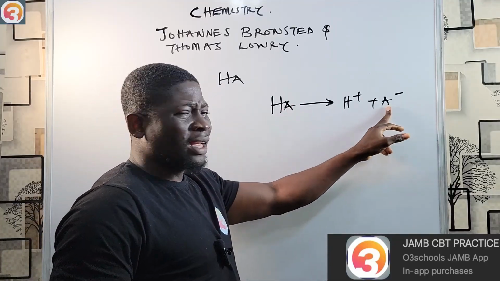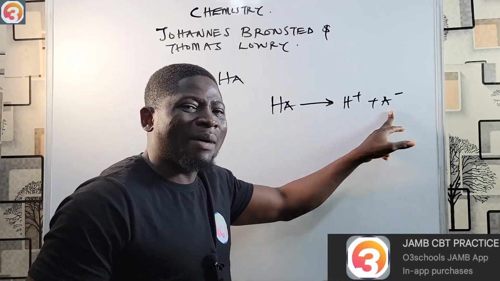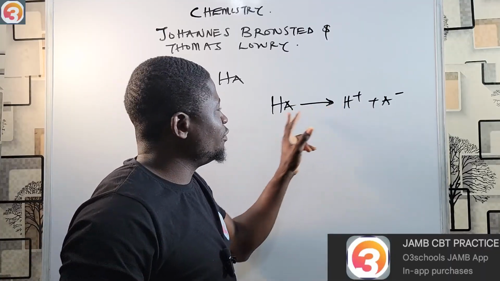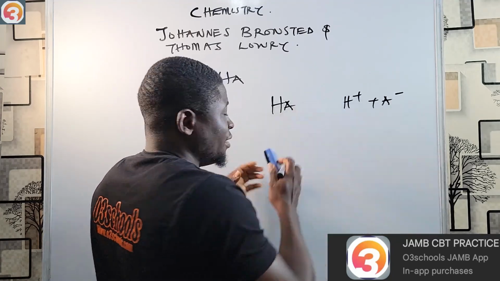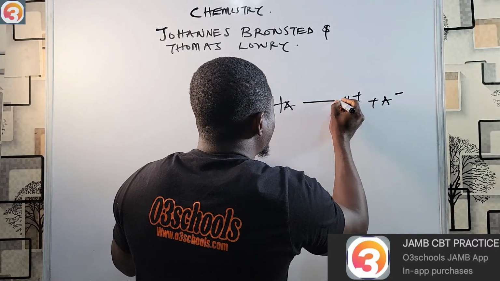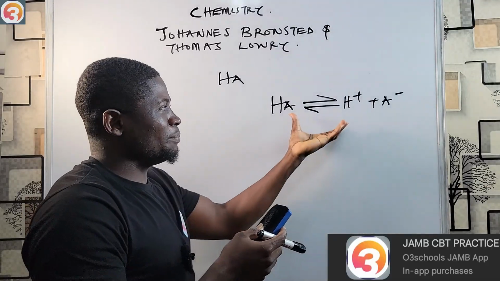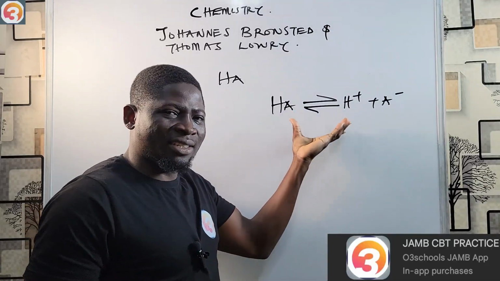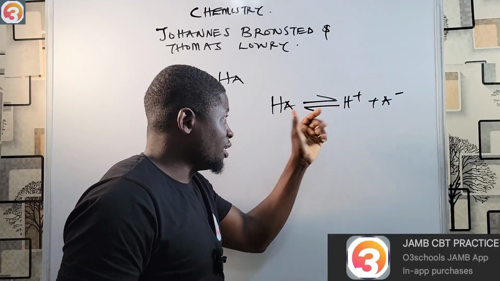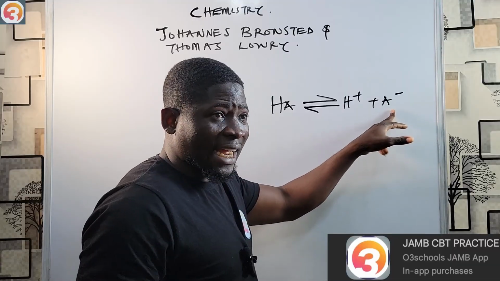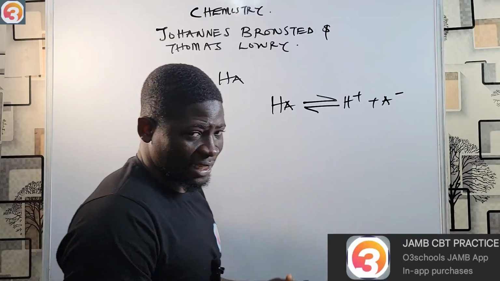Because this anion can also accept the proton back to give us HA, the acid, again. So we can make this a reversible reaction that can go in either direction, and the reaction is usually represented like this because it can go both ways. The acid HA can donate a proton, and the anion that is left can accept the proton back to give us the acid.